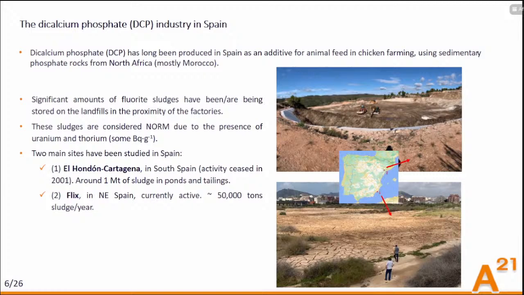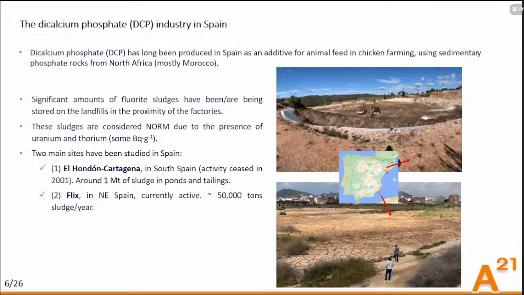And the calcium phosphate is produced in some plants, which after processing all the phosphorites, put all of their fluoride sludges, all the waste, into landfills, which are just next to the factories.